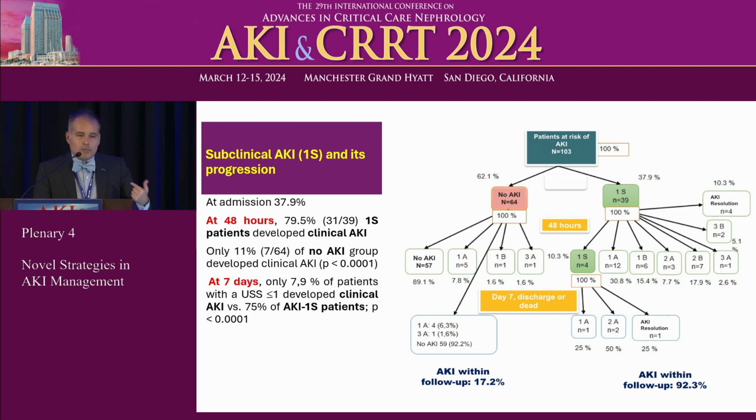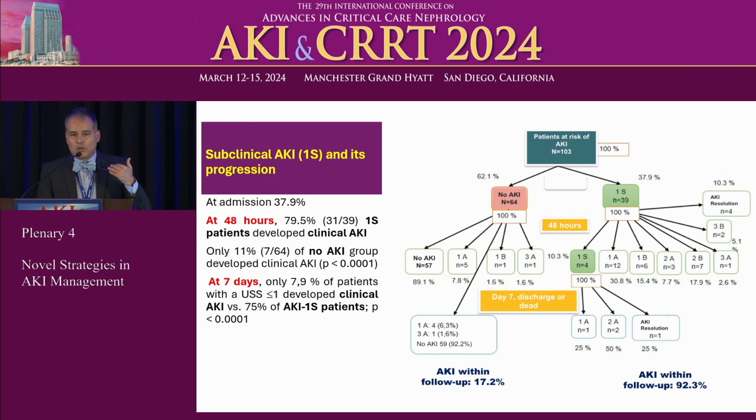By day 7, from the patients who at admission did not have AKI, who had a normal urine sediment score or a score lower than 1, only 7.9% developed clinical AKI in different KDIGO criteria stages, as compared to 70% of patients who had subclinical AKI and later developed clinical AKI.